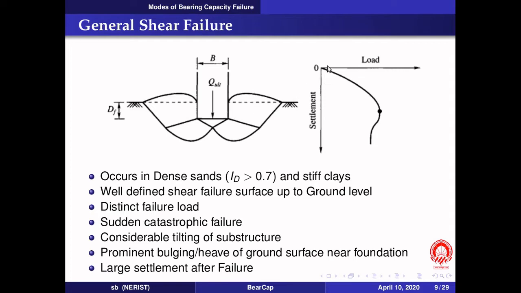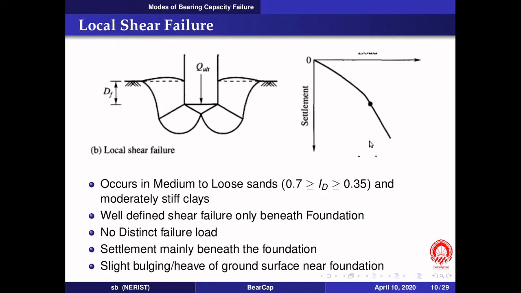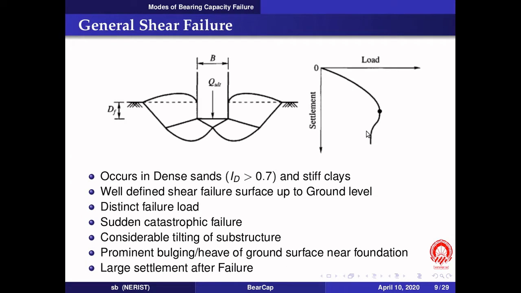Okay, and if we draw the load settlement curve of the foundation, we can get a clearly defined peak load before failure. After this load is passed, settlement increases indefinitely, and therefore the failure is sudden and catastrophic.